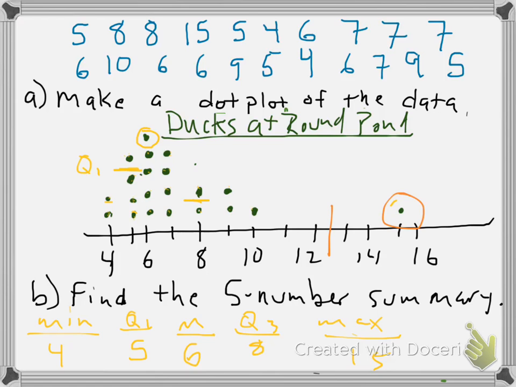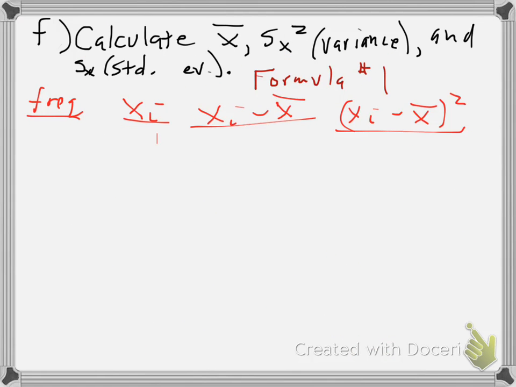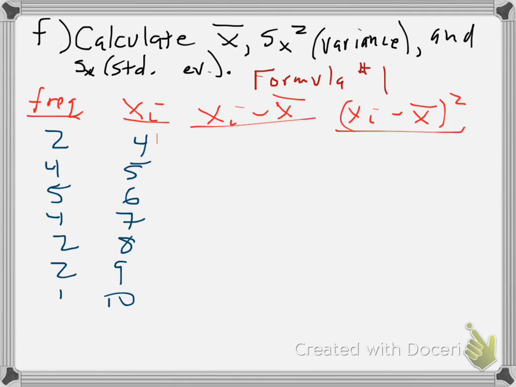There were 2 4s, 4 5s, 5 6s, 4 7s, 2 8s, 2 9s, 1 10, and 1 15.